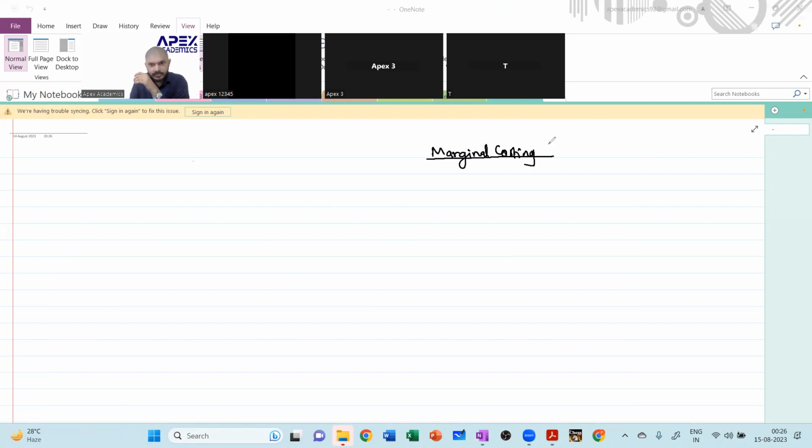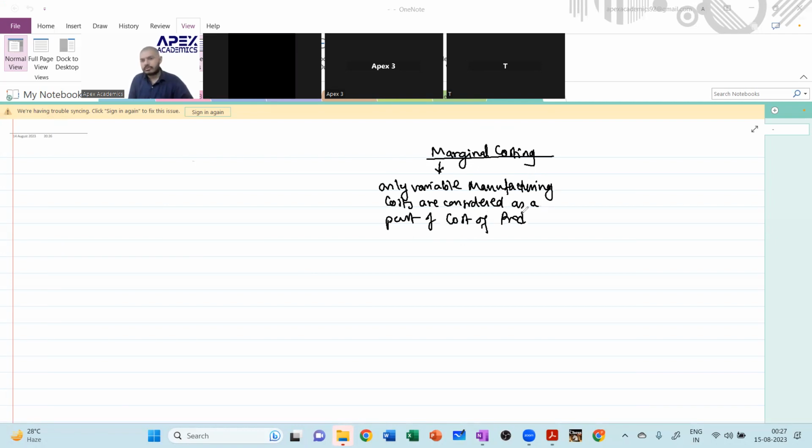marginal costing. What is it that you need to keep in mind about marginal costing? Only variable manufacturing costs are considered as a part of cost of production.